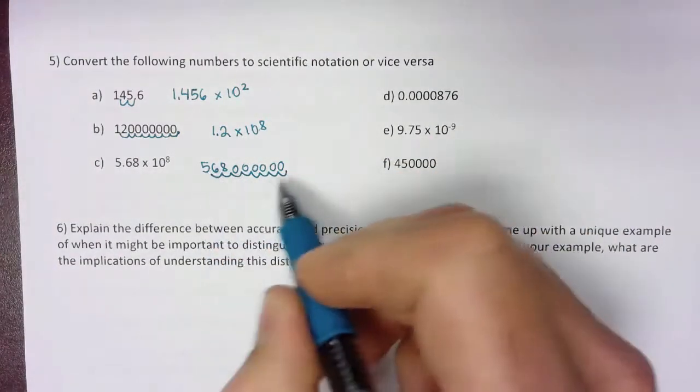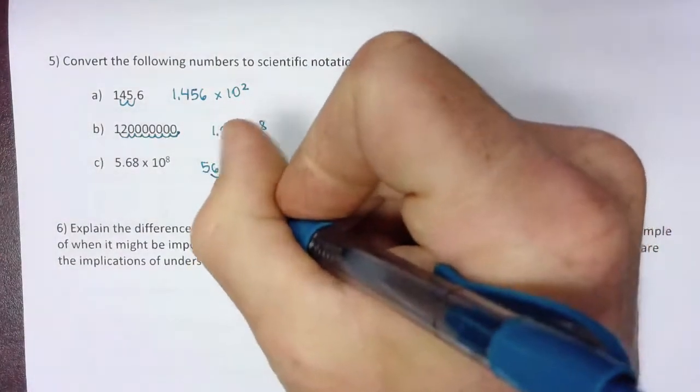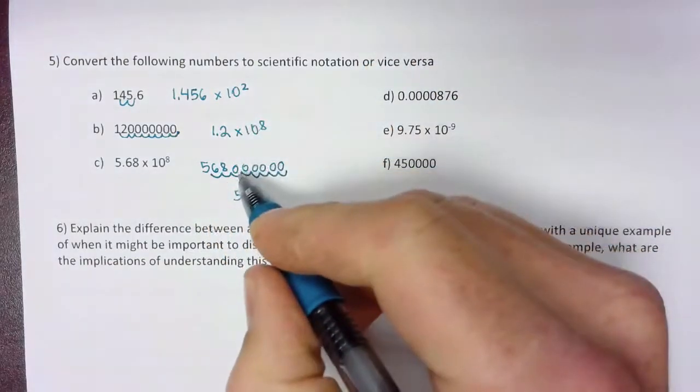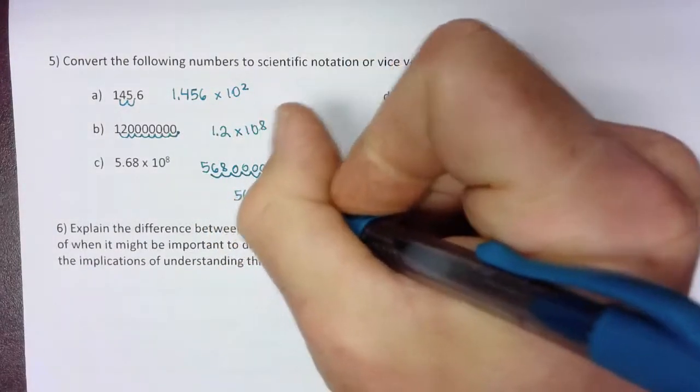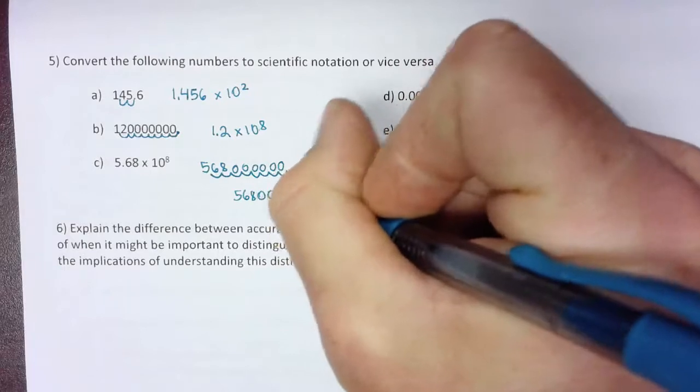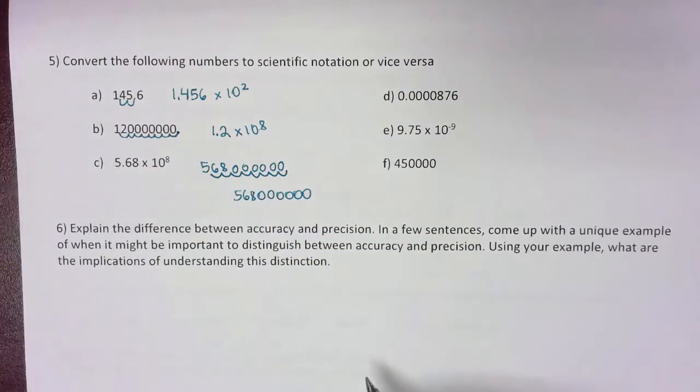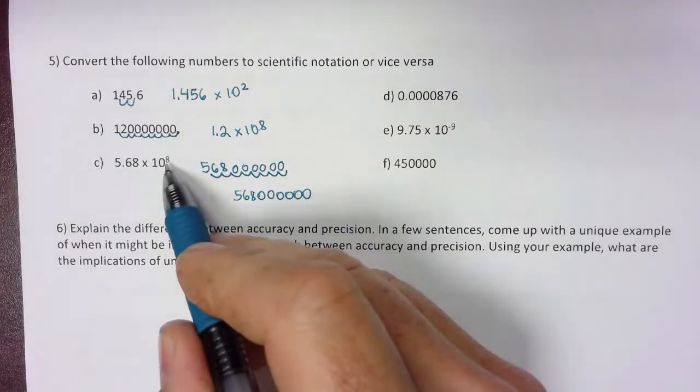And if you want to rewrite that out, that's fine. 5, 6, 8 with 6 zeros. Again, positive exponent means it's going to be bigger than 1.